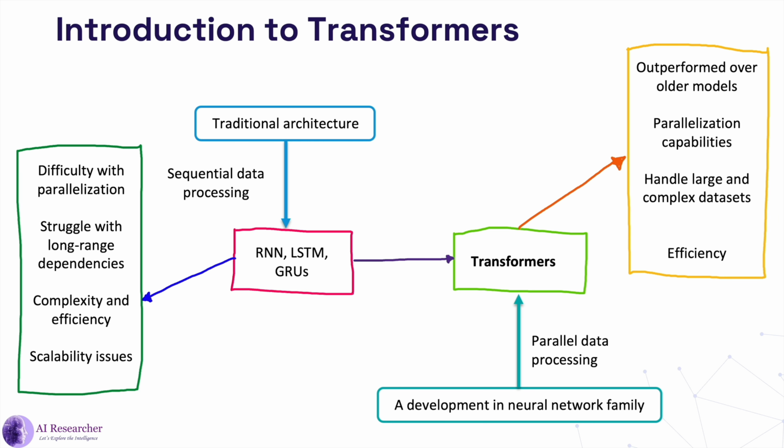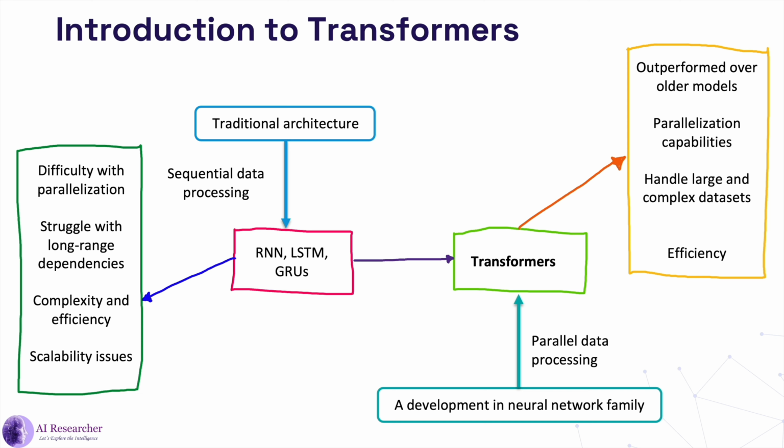The advantages we see with the transformer are that it outperforms older models like RNN, LSTM and GRU. It has parallelization capabilities, it handles large and complex data sets, and it has high efficiency.